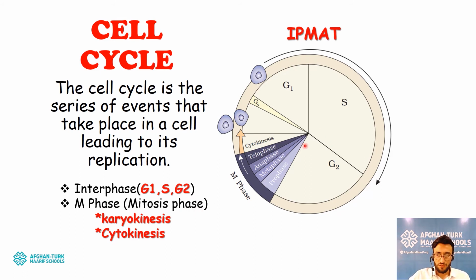The cell division starts from karyokinesis. Karyon means nucleus and kinesis means division. It means when a cell wants to divide, it starts its division from the nucleus. Then it is followed by cytokinesis, which refers to cytoplasm division. Let's talk about it in more detail.